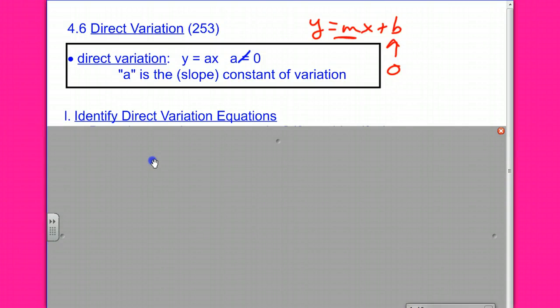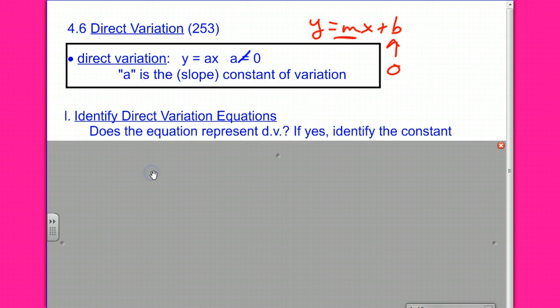So the first thing you might be asked, when you look at an equation, is: does the equation represent direct variation? If yes, identify the constant. Once again, the constant is the slope, or in this model, it's the letter a.